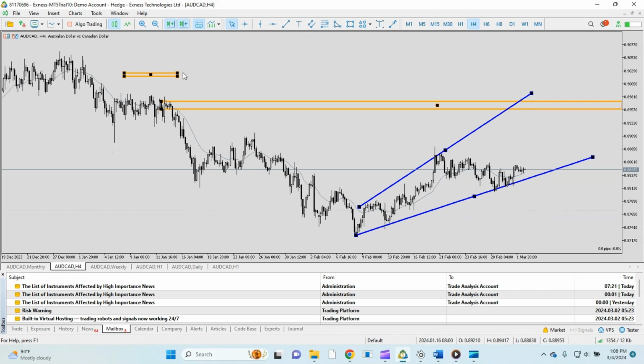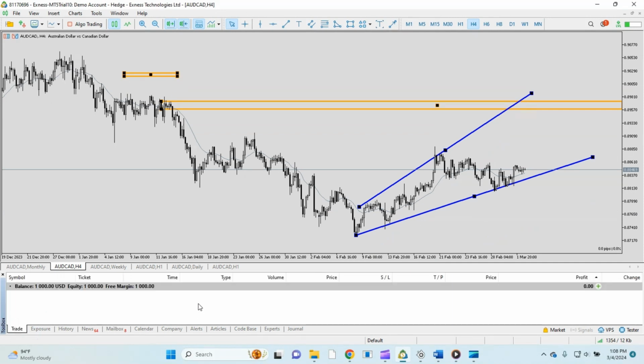We are going to be risking, what we have here is 1000 USD. So we are going to be risking 0.5%. And 0.5% of 1000 should be $5. So we are going to be risking $5.